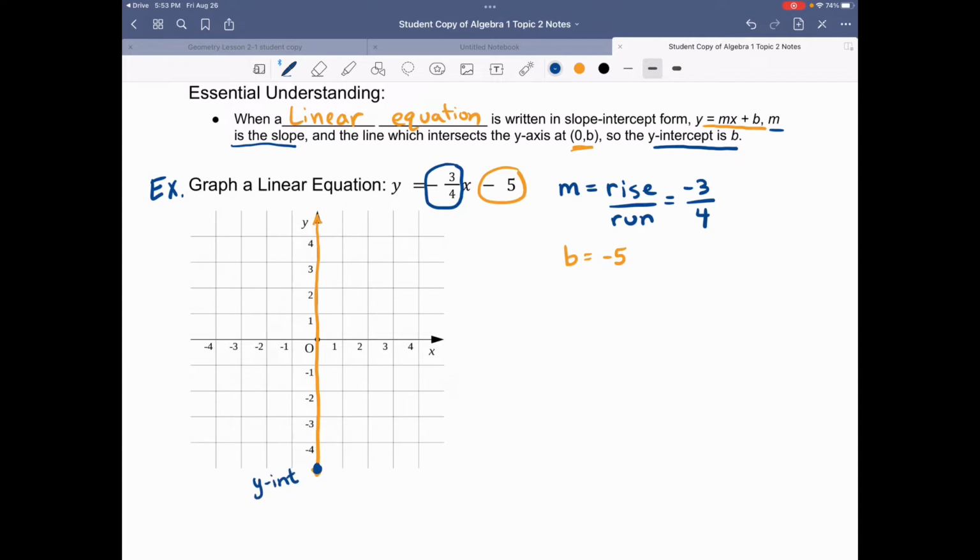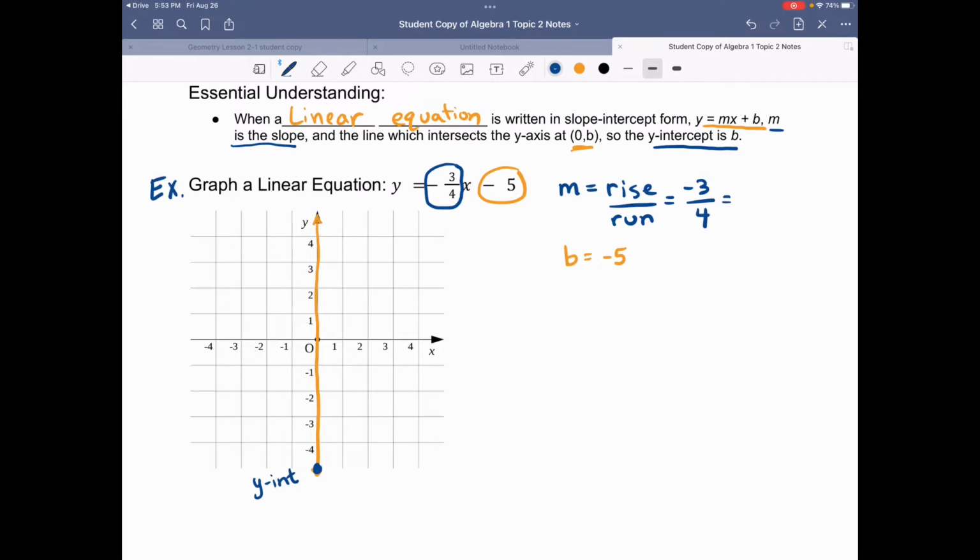Again, this should be review from 8th grade. And then our rise and run: if I were to go down 3 and I run 4, that's going to put me off the graph. So we're going to do a little trick.